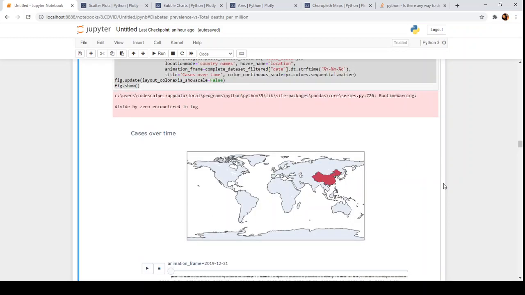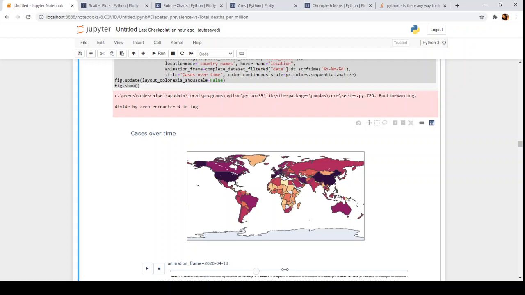Now this is the animated cases over time map. You can see here China is a little dark in the beginning, and all other parts of the world are unaffected, but slowly it is spreading over time. I am forwarding it. You can see how the world map is changing over time, and it is going darker and darker with time.